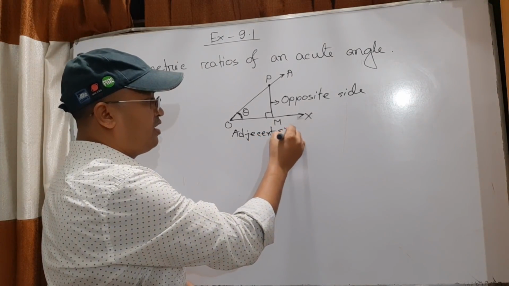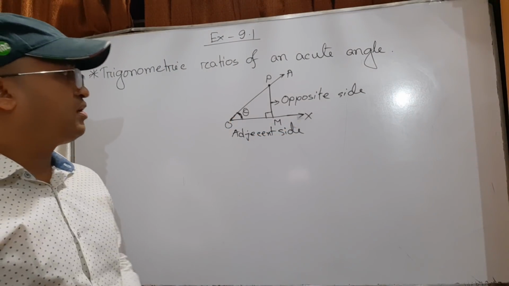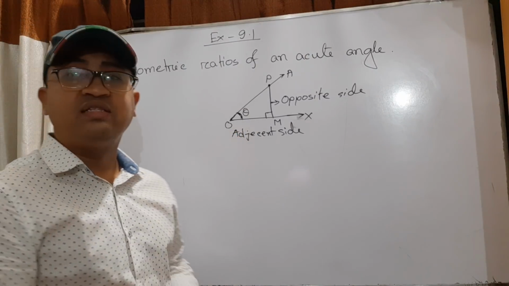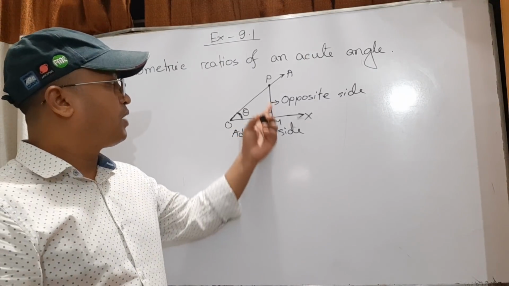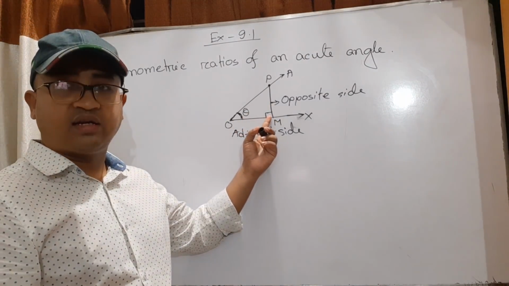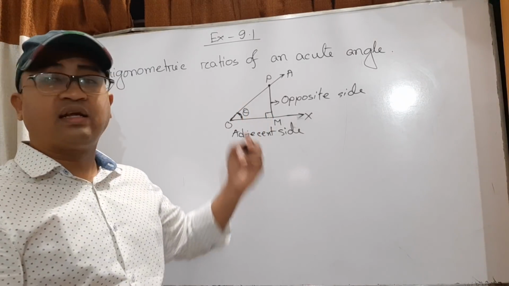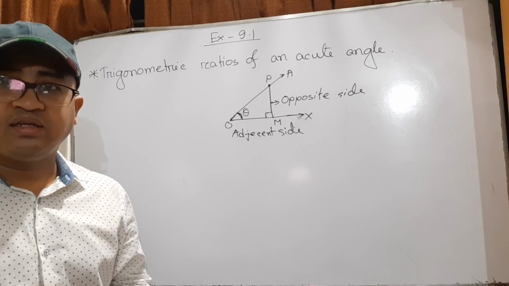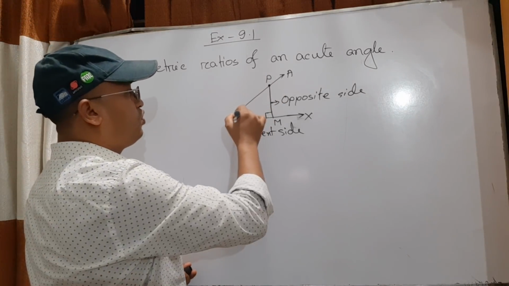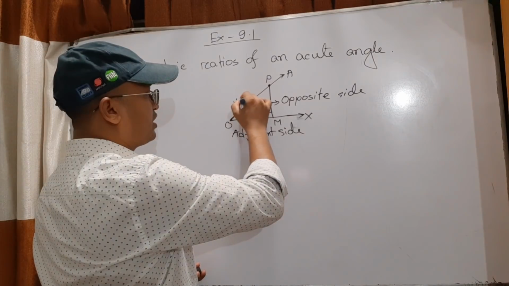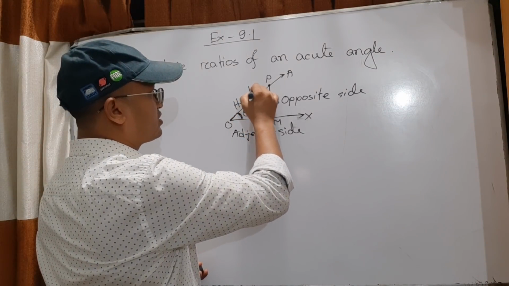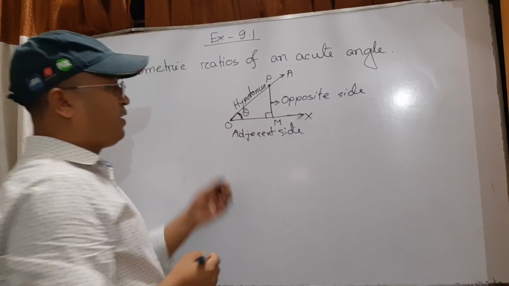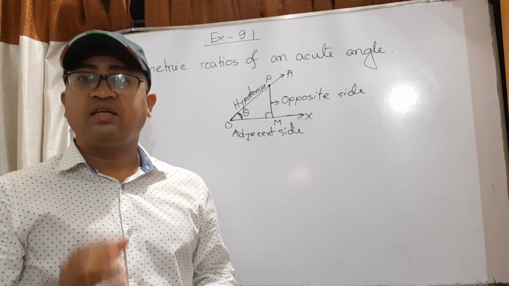As PMO is a right angle triangle and PMO is a right angle, the opposite of the right angle is the hypotenuse. So OP is the hypotenuse. You should know the names of these three sides.